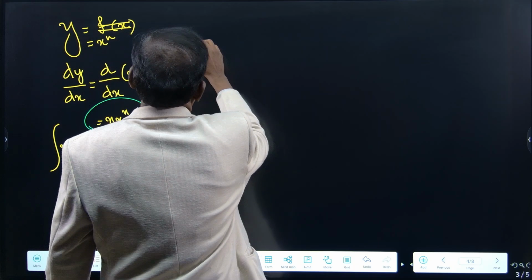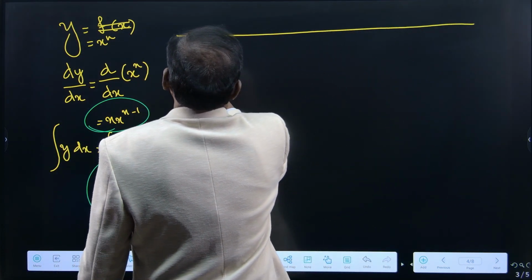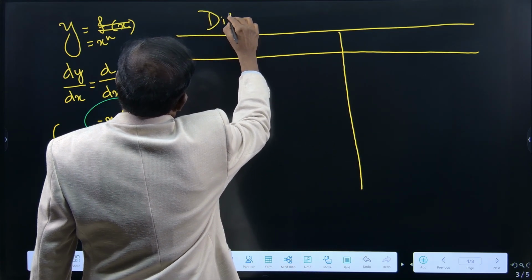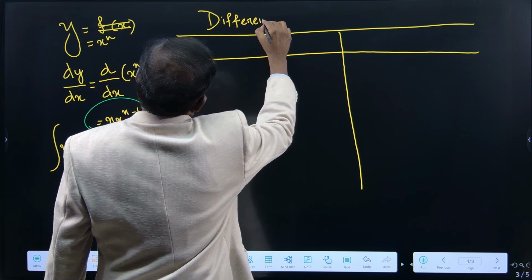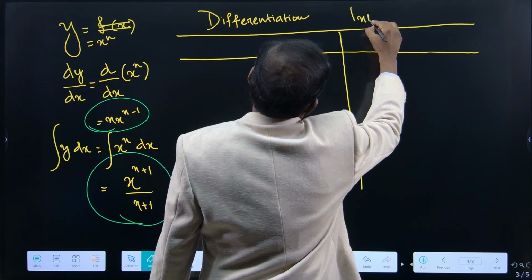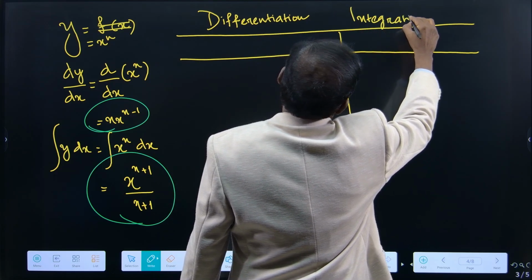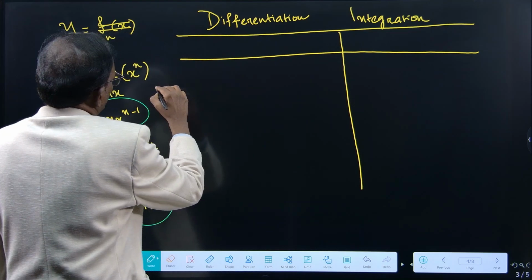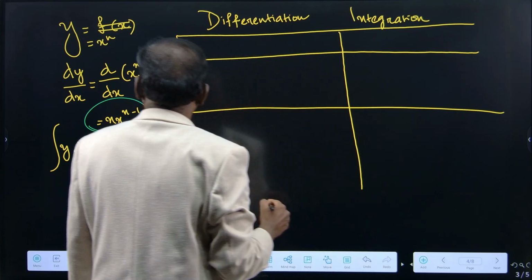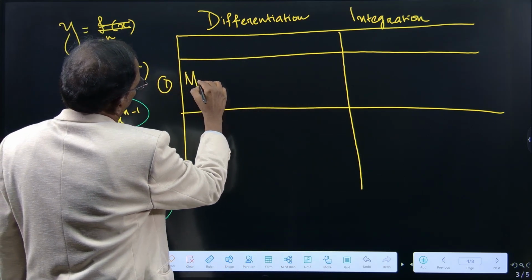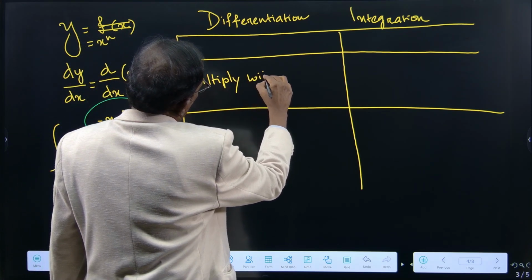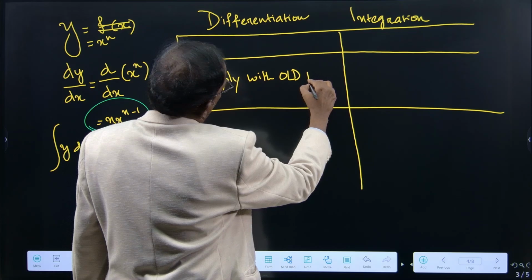Differentiation and integration. Two steps we are doing. Step number 1, for differentiation, multiply the variable with old power, that is the given power.